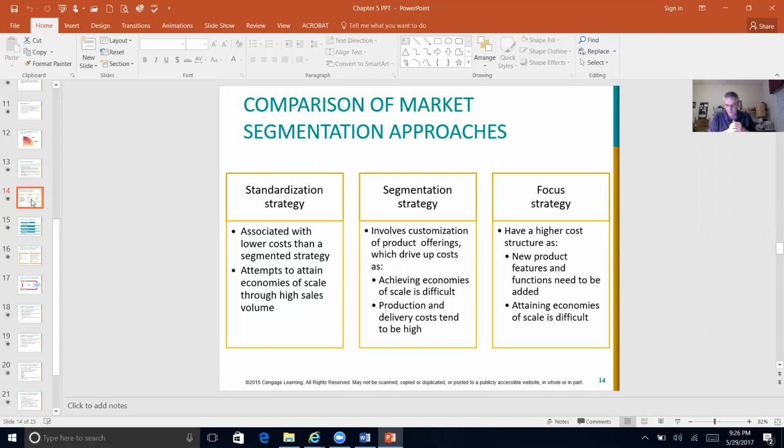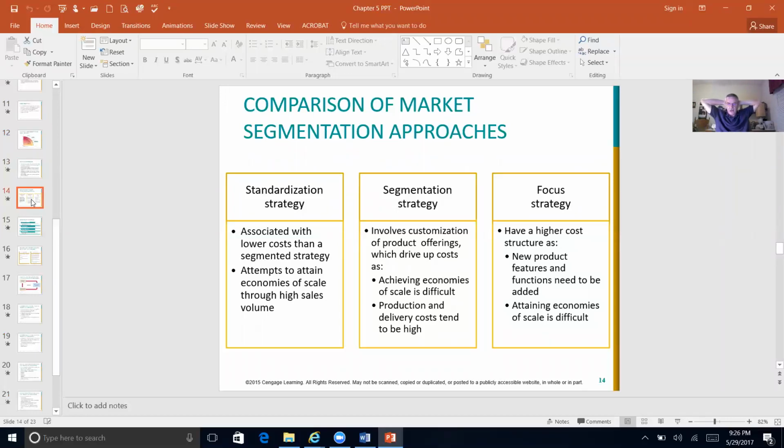The second approach is to recognize that differences exist and to create product offerings for the different segments. And the third approach is to target only a limited number of market segments, so have a focused strategy, and become the very best at doing that.